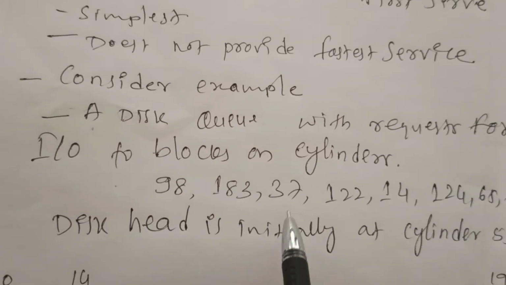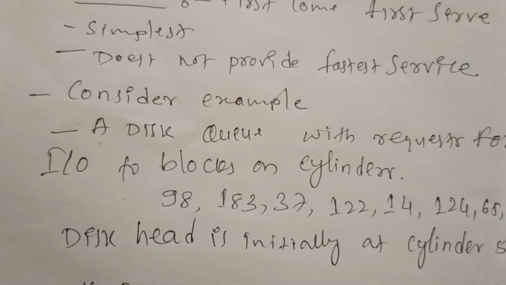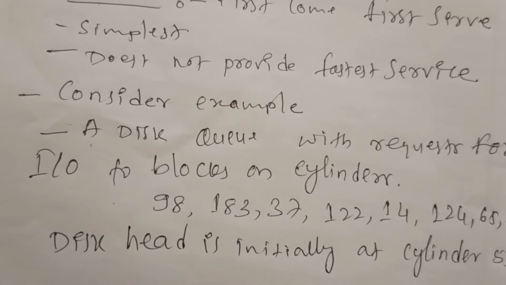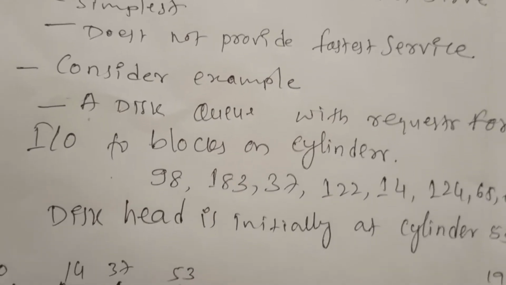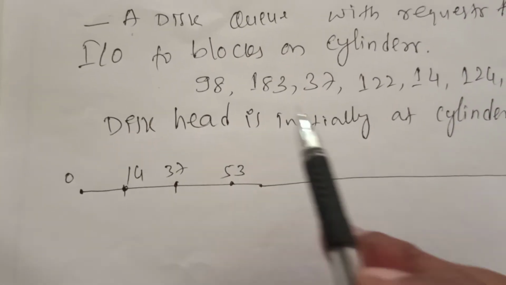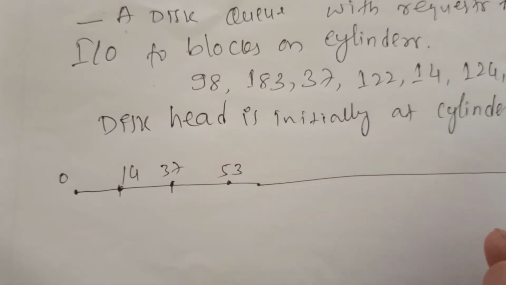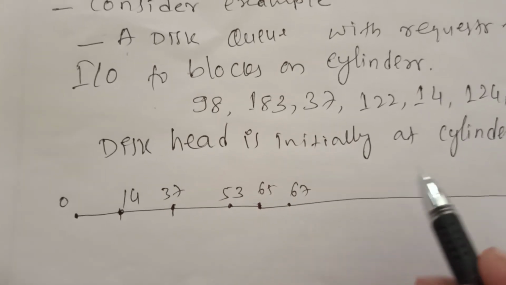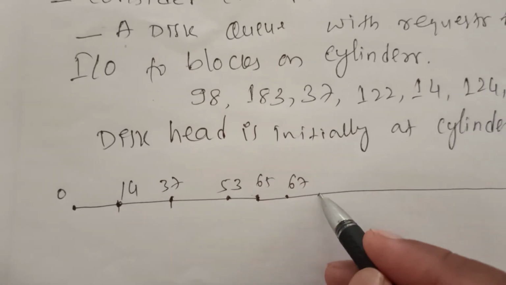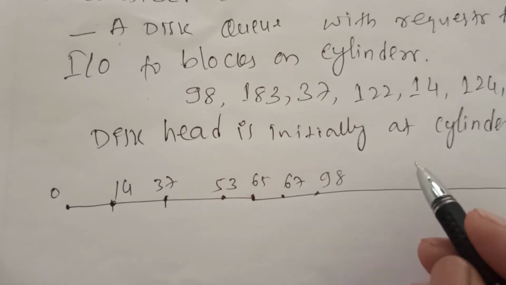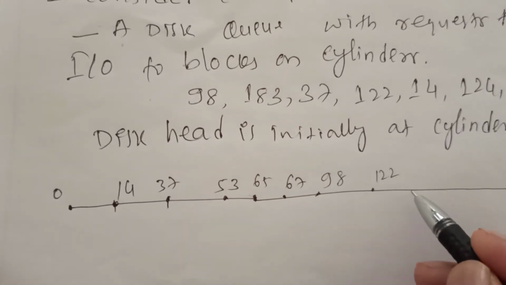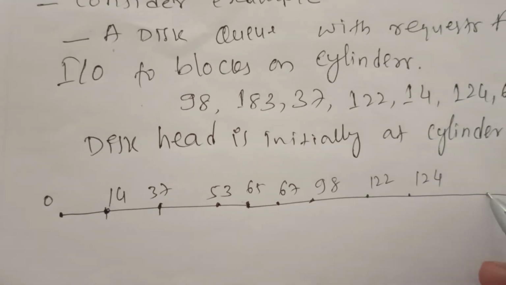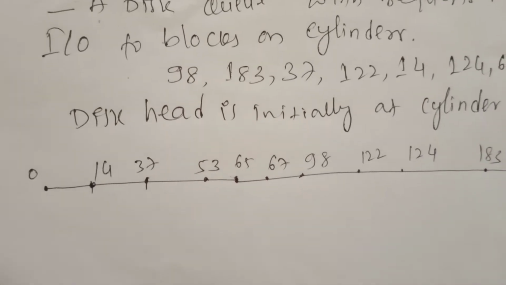Then 37, then 53, where the read-write head is pointing, then 65, then 67, then 98. In sorted order, then 122, then 124, and last 183. These are the requests we have marked.